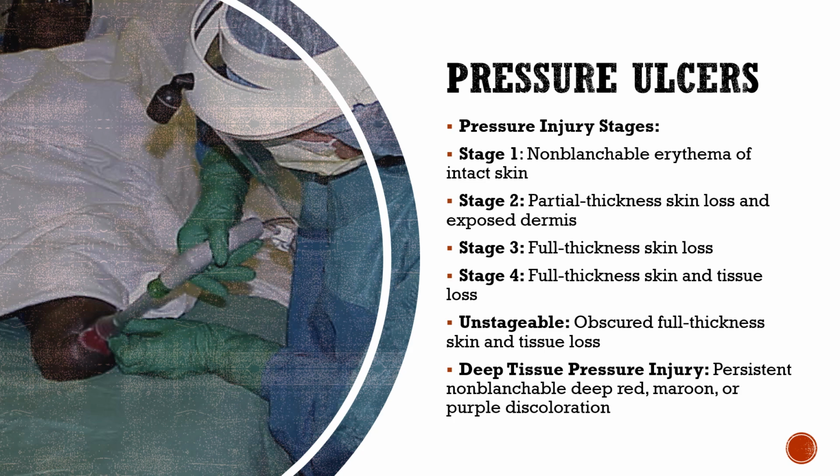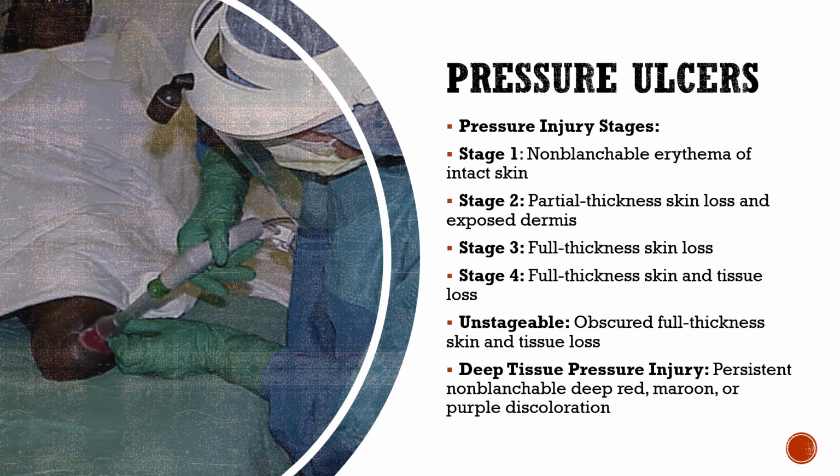Unstageable pressure injury is a full thickness tissue loss. The extent is obscured by slough or eschar. Once slough and eschar are resolved, it may be staged as stage 3 or 4. Stable eschar, if dry, intact, and without erythema or fluctuance, should not be removed.